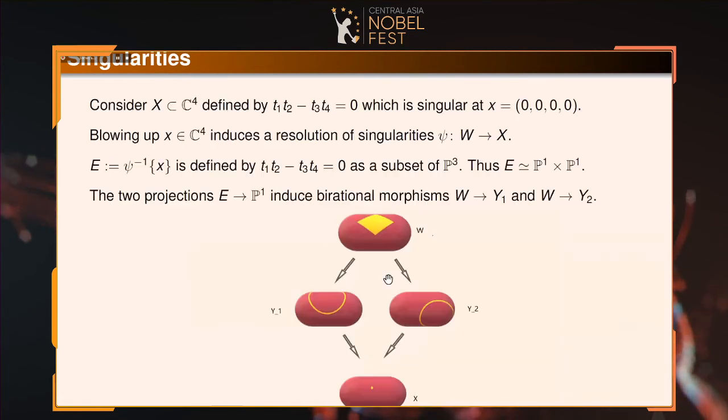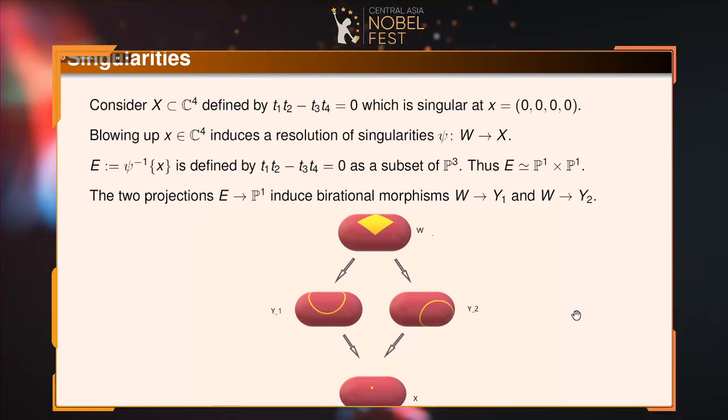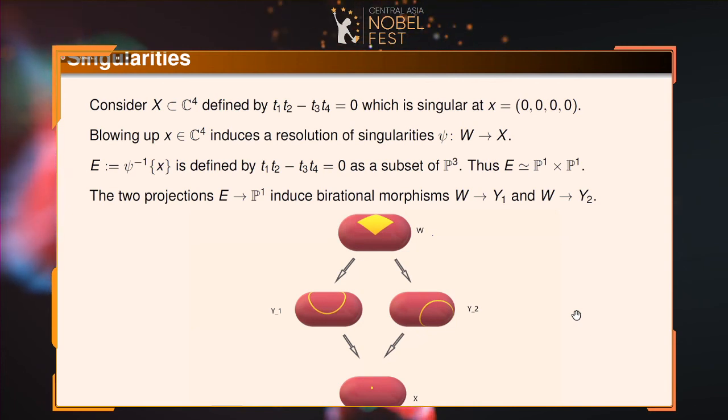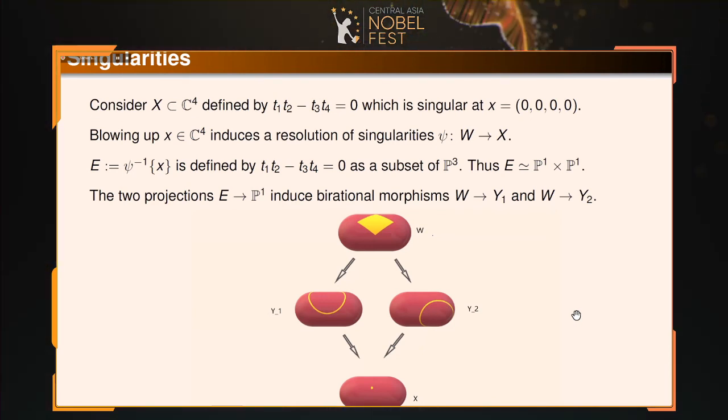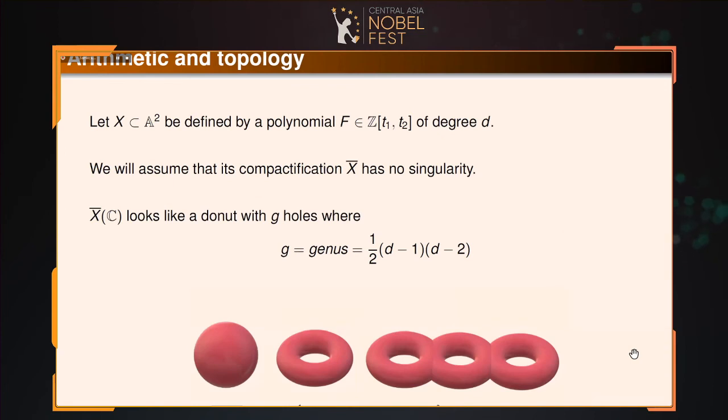But already this simple example can be examined from so many different points of view in algebraic geometry, even from a mathematical physics point of view. So that's why algebraic geometry is so interesting, because starting even with simple things, you are led to really very interesting, complicated objects, and it relates to so many other things, not only algebraic geometry itself.